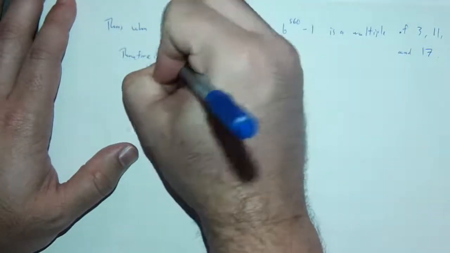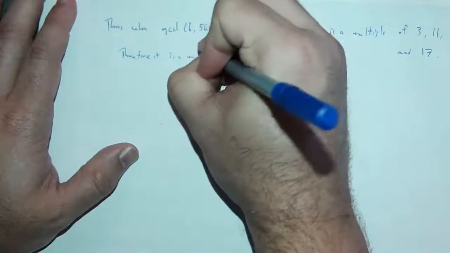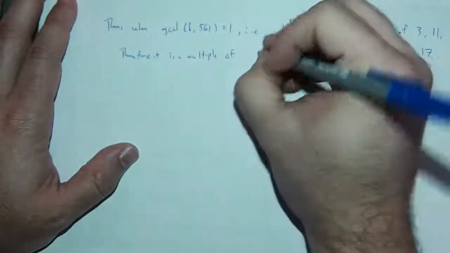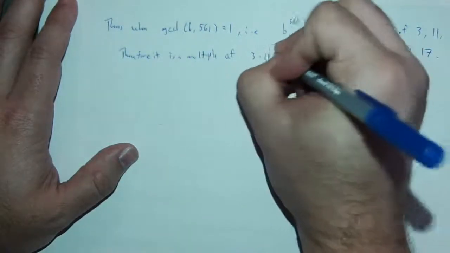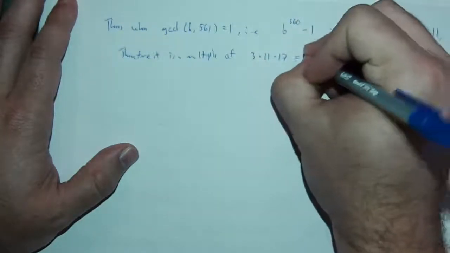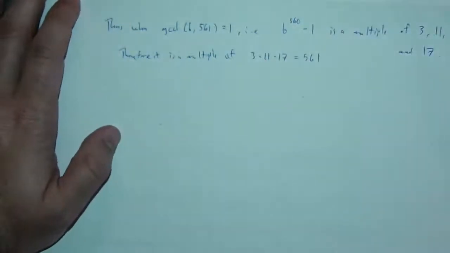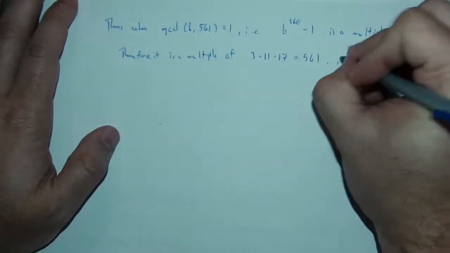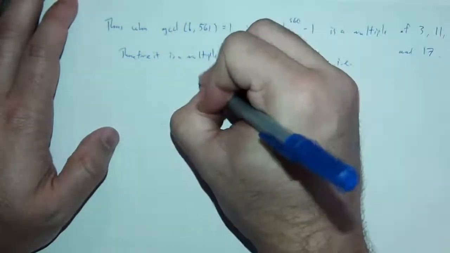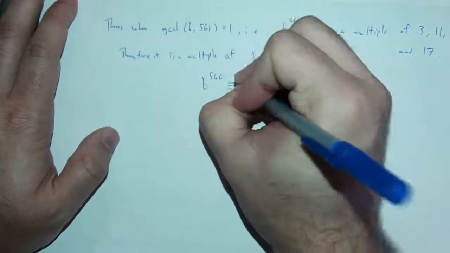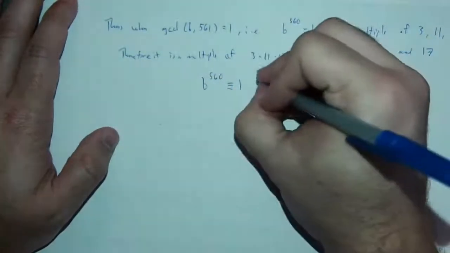it is a multiple of 3 times 11 times 17, which is 561. Right, i.e. b to the 560 is congruent to 1 mod 561.